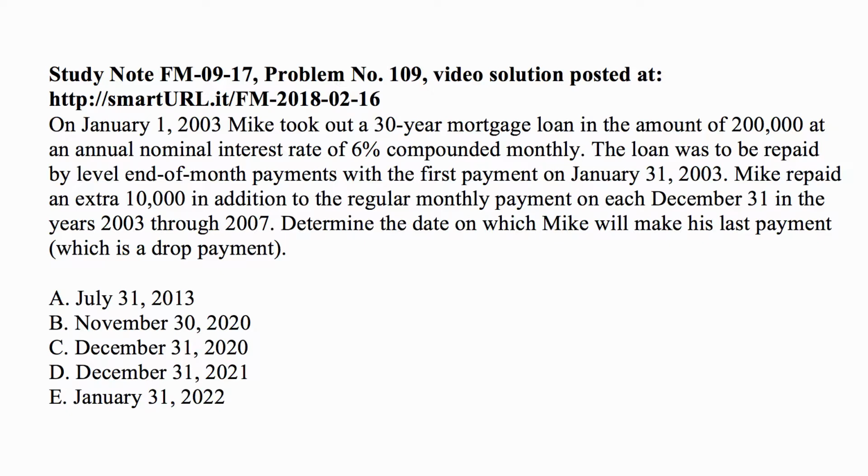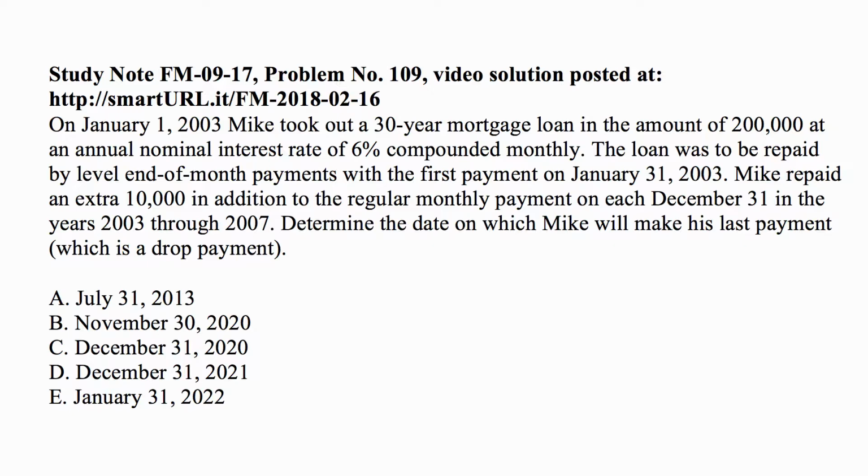Here's a problem for today for exam FM on financial mathematics. On January 1st, 2003, Mike took out a 30-year mortgage loan in the amount of $200,000 at an annual nominal interest rate of 6% compounded monthly. The loan was to be repaid by level end-of-month payments, with the first payment on January 31st, 2003.